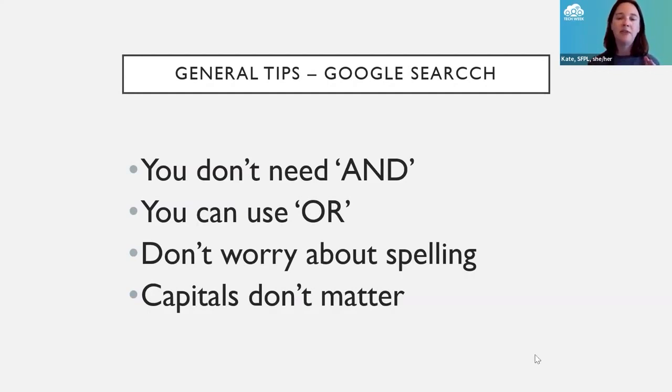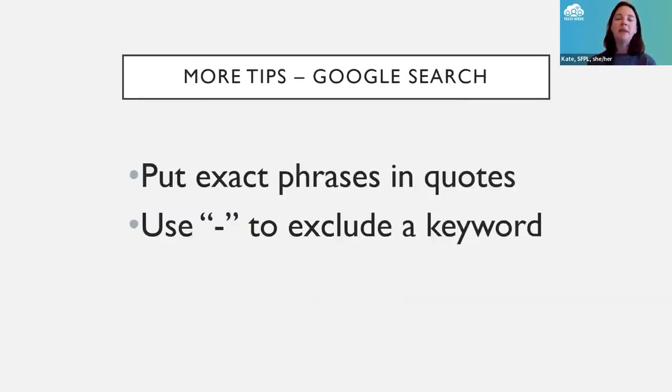And here are some ways to refine. I'm guessing you probably have heard this one, but if you haven't, it's very, very helpful. If you want an exact phrase, put that phrase in quotes. That tells Google I want these words in this order and not in any other order. And I'm going to demonstrate that in just a moment.